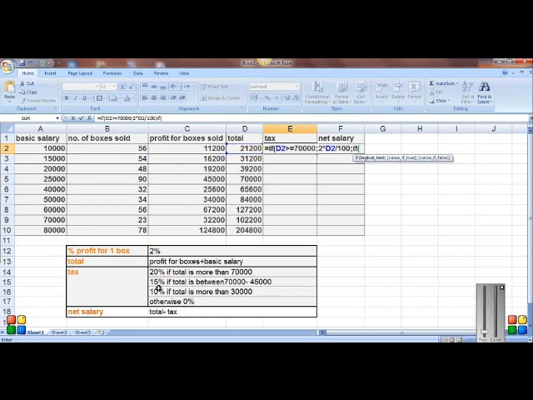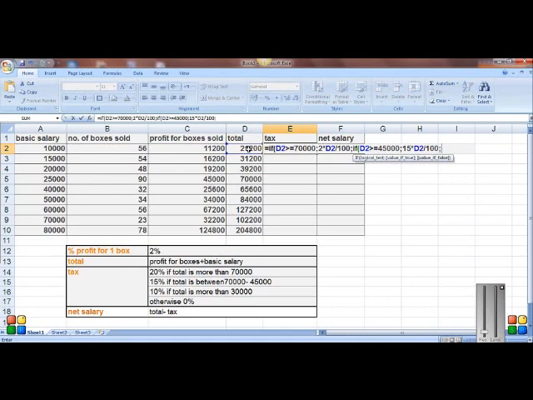So if the total, now here we don't need to mention the 70,000 again, we will just mention that the total is greater than or equal to 45,000, then the value if true will be 15% of the total. 15 multiplied by the total divided by 100. This is the value if true of the second IF formula.